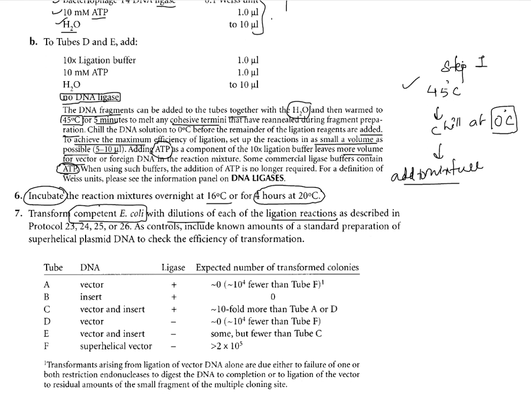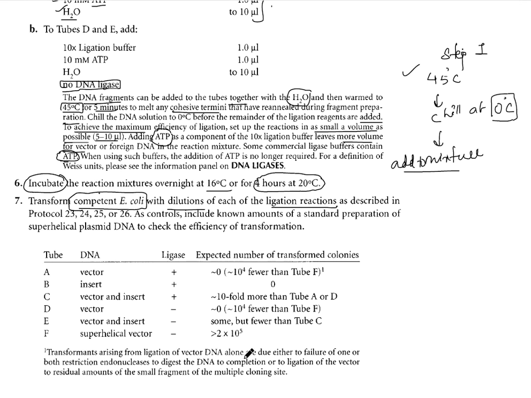Transformants arising from ligation of vector DNA alone are due to failure of one or both restriction endonucleases. So what we see in case of tube A, where we added vector plus ligation mixture, there should not be any transformed colonies.